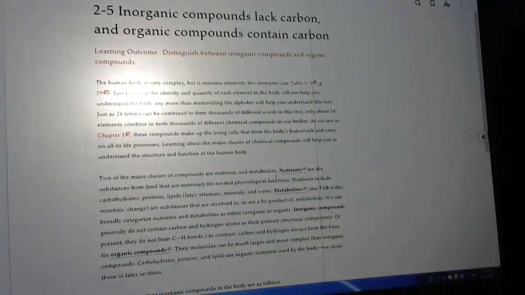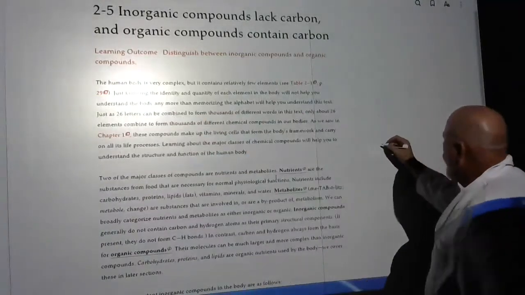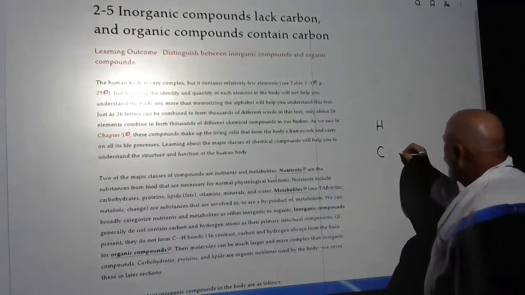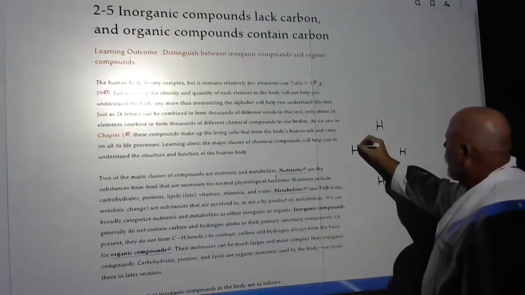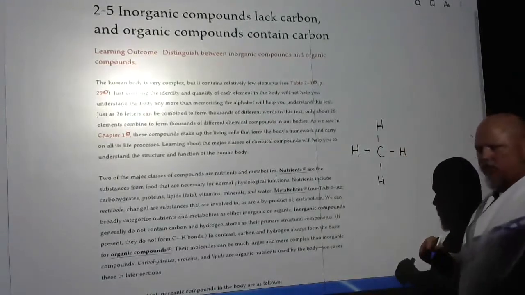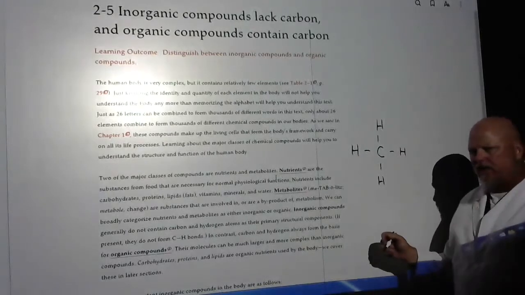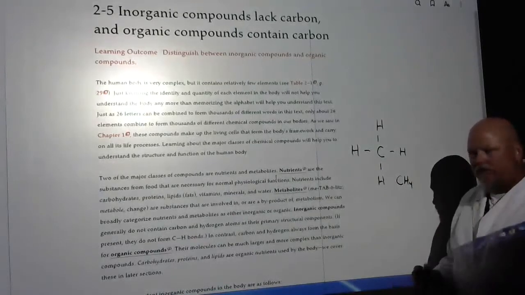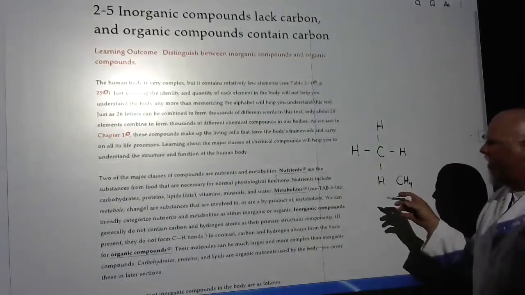Now look. This is CH4. Okay? It is the smallest organic molecule that we have.